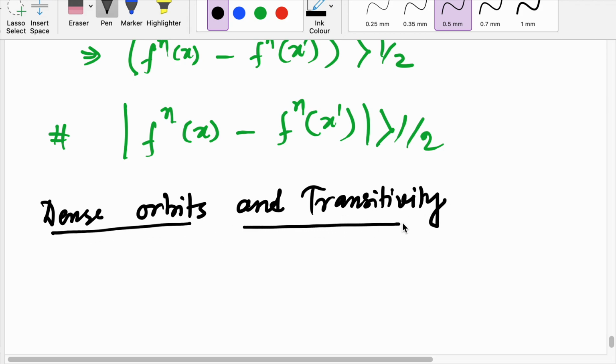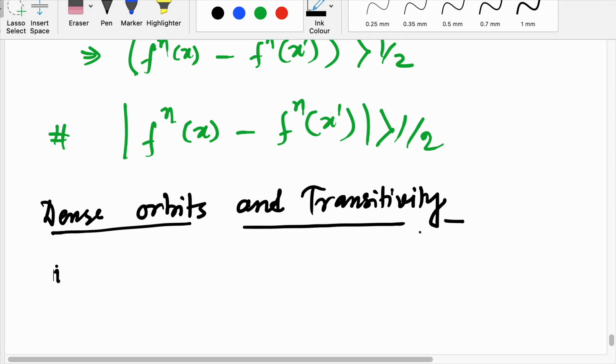Although sensitivity is generally agreed to be one of the most important ingredients of chaos, there are other ingredients which are also very important to chaos. Those are the two things I have written here, the dense orbits and the transitivity, that are very relevant also. Let me recall what sensitivity means in words.